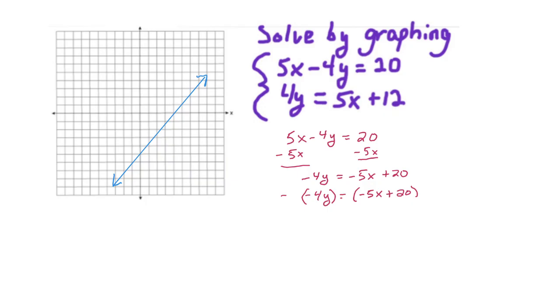So what you end up seeing here is that these two lines in this system are parallel, so there is no solution when that happens. So we want to say no solution, as the lines are parallel. So they don't have a point of intersection.